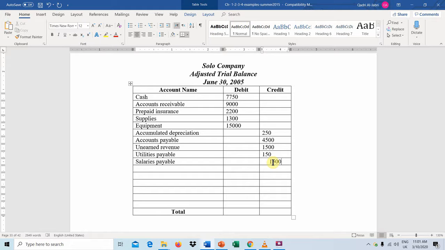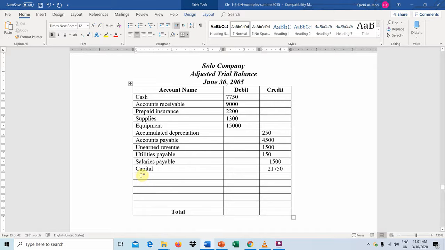So after we finished assets, including also the contra asset account, accumulated depreciation, we started with liabilities. Next one, I will put capital, and this capital will be credited by 21,750. Finally, we have revenues and expenses.